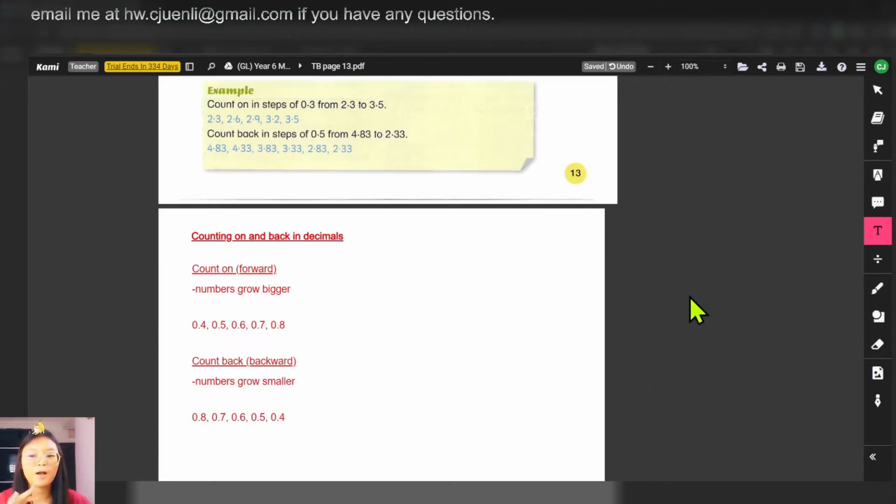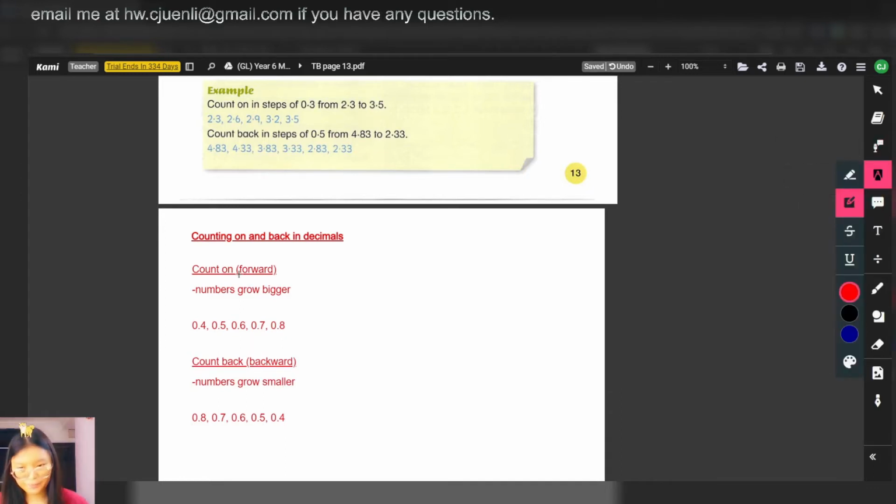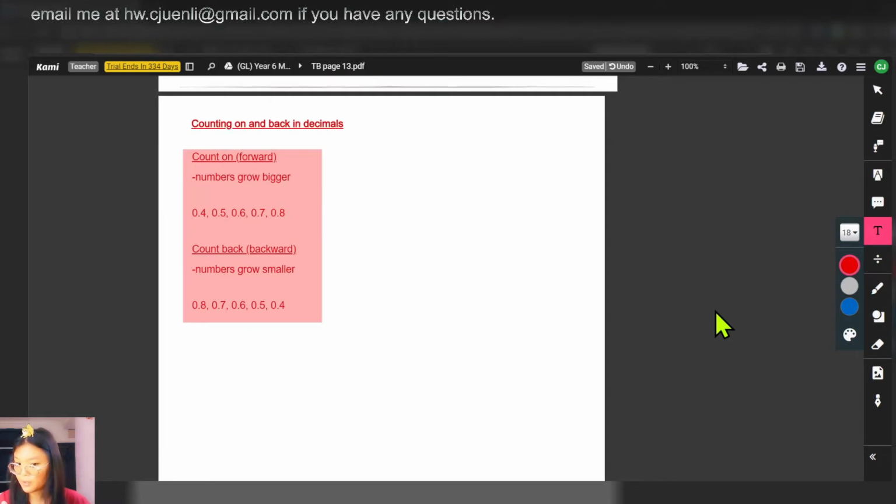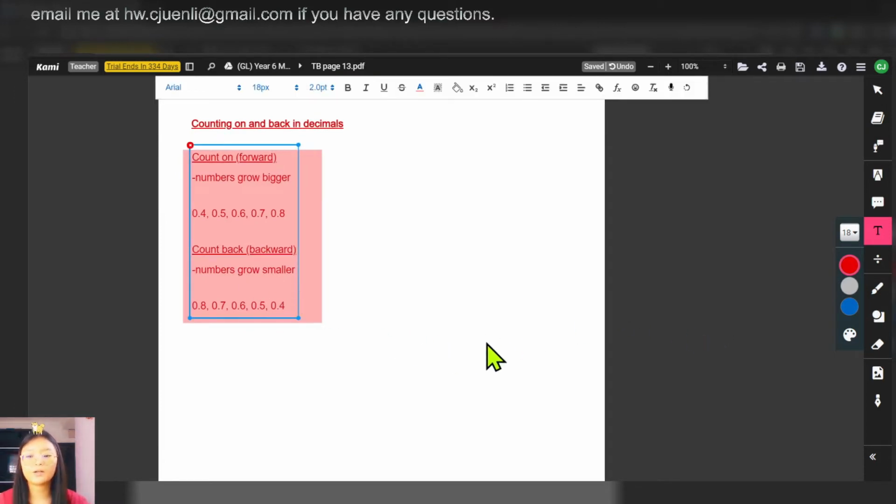Now, one thing about counting on and back is that it's pretty simple. There is also one more thing about this in decimals, which is that you have terms to count on, right? So let us look at the next one, terms.